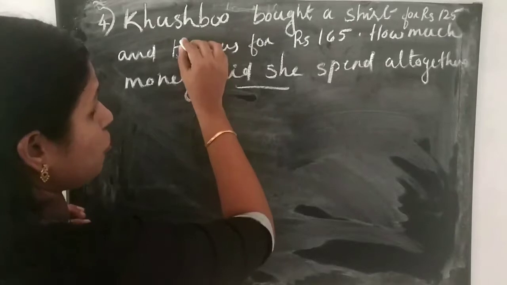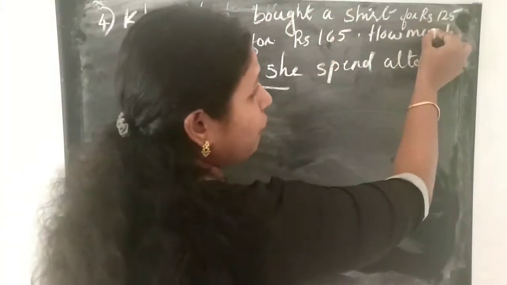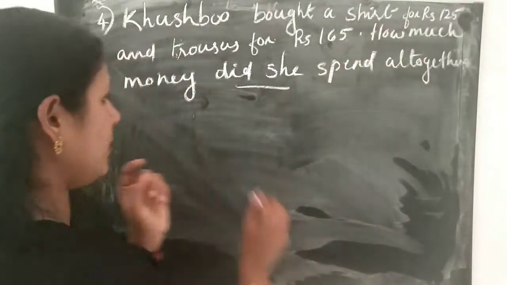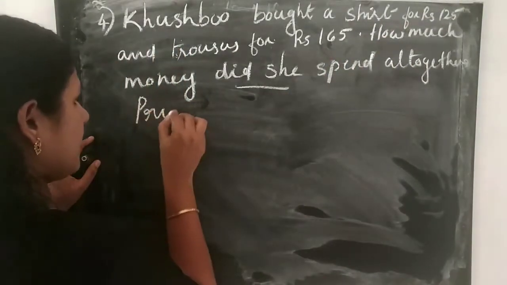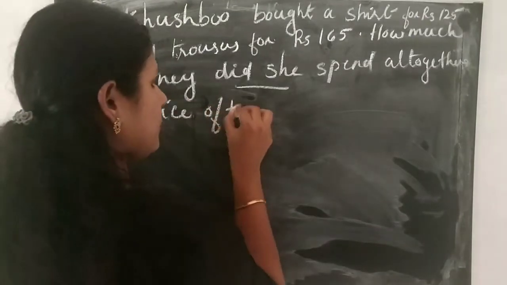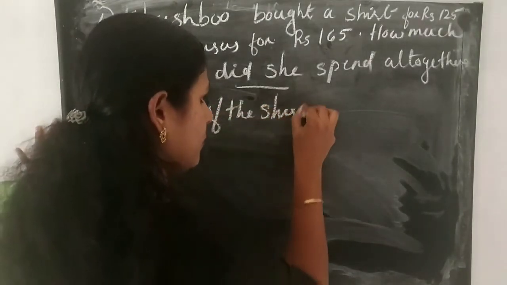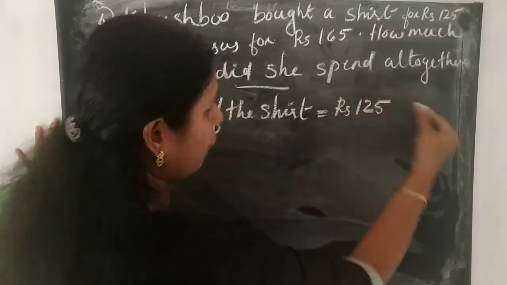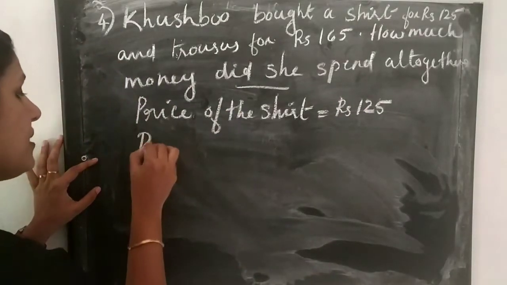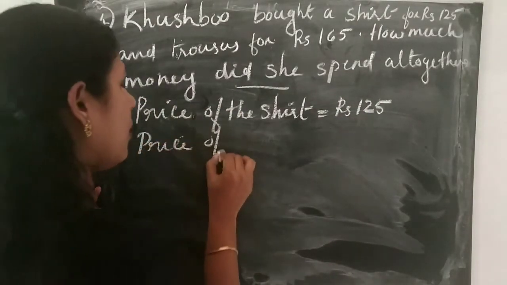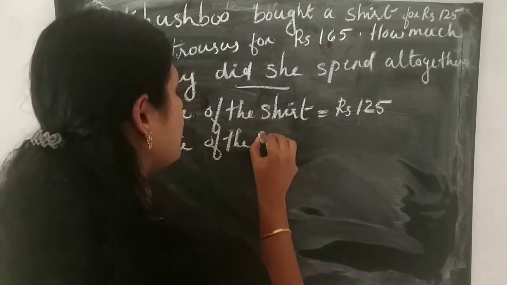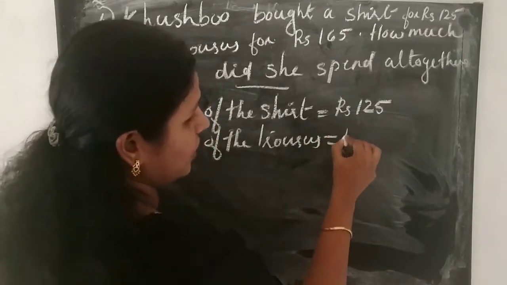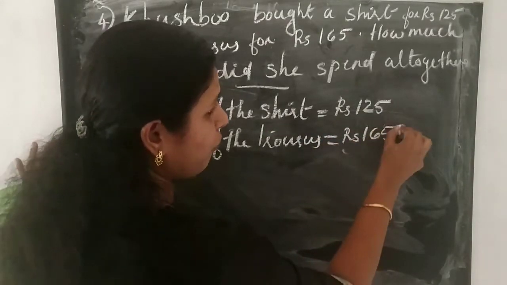Our first step: Kushbu bought a shirt for rupees 125, so the price of the shirt is rupees 125. Now the price of the trousers is rupees 165.